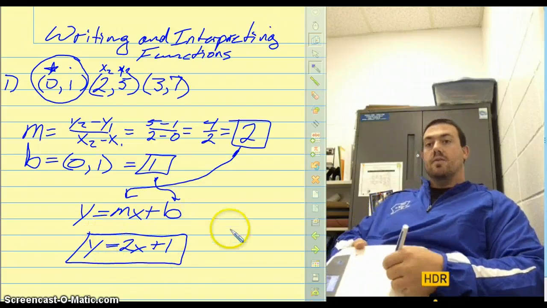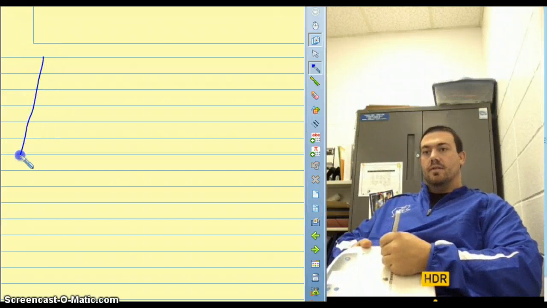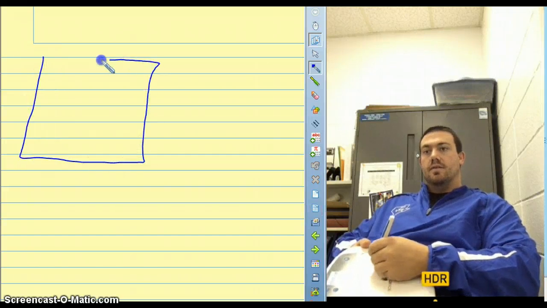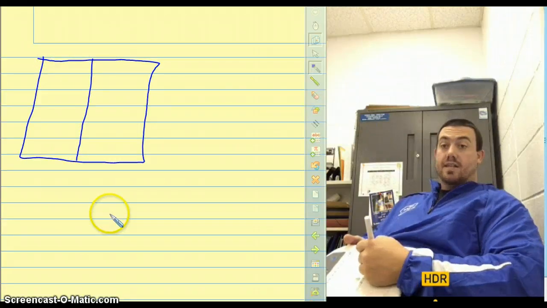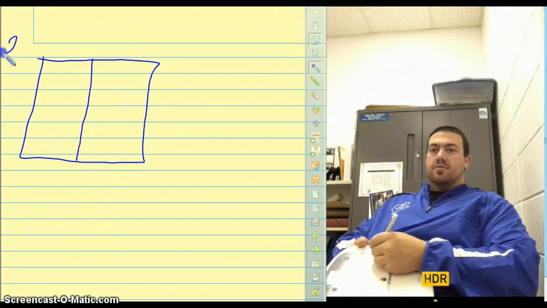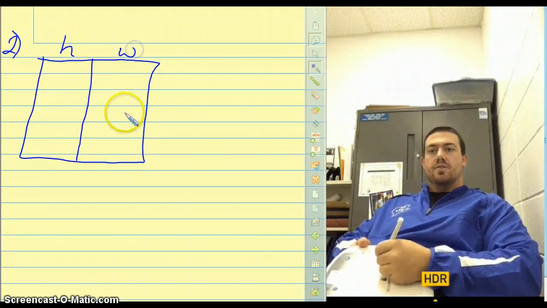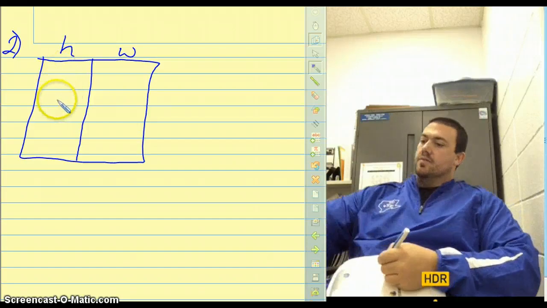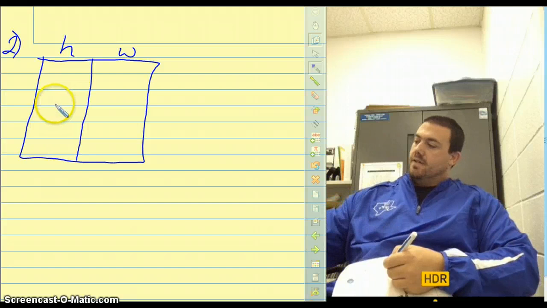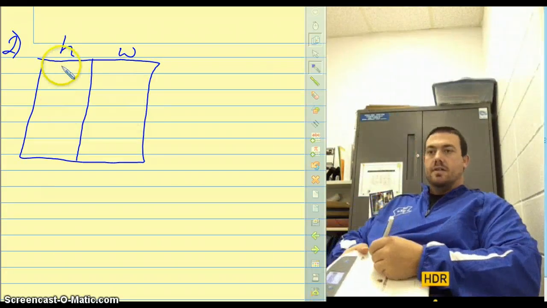For example, what if I gave you a table? Let me get a new sheet of paper here. Here's a table. And at the same time, what if I don't give you x's and y's? Let's say I have a situation, this will be example number 2, that has hours worked and the wages earned. So if I work 10 hours, I earn $55.